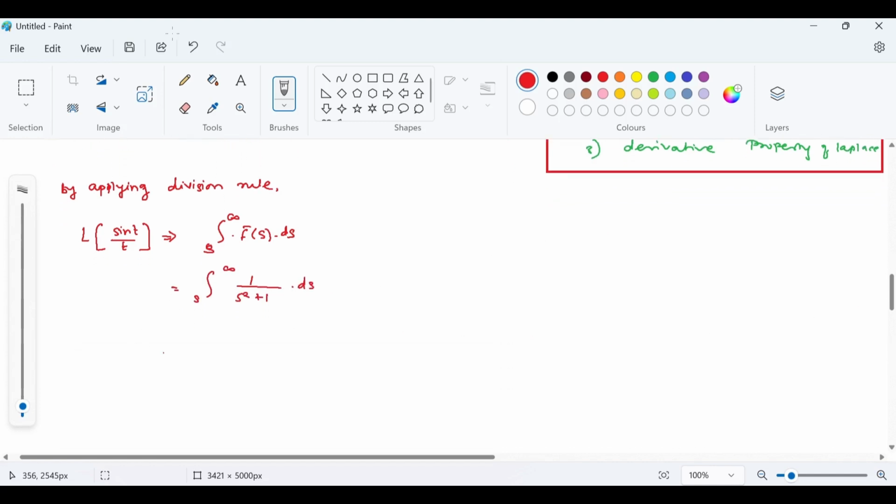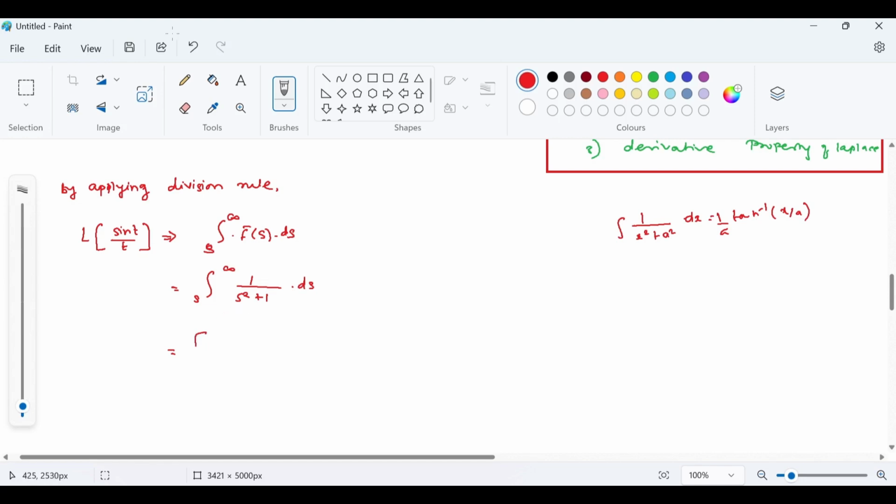So we have some standard formula again. The integration of 1 upon x square plus a square into dx is equal to 1 upon a tan inverse x by a. This is a standard formula which we have. Similarly, we are going to apply the same logic here.